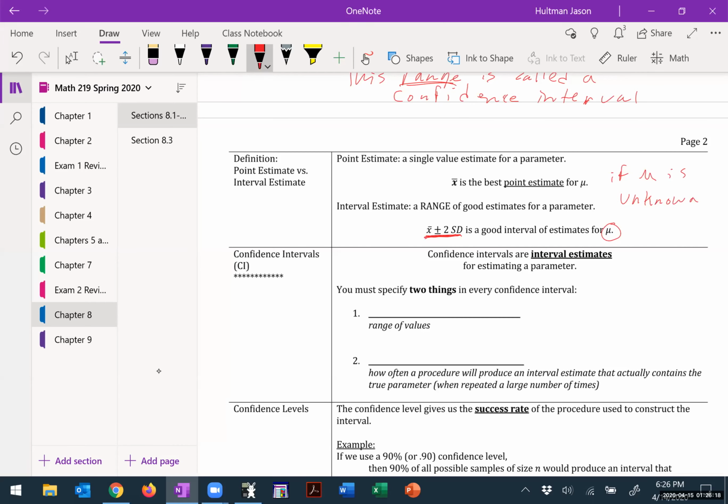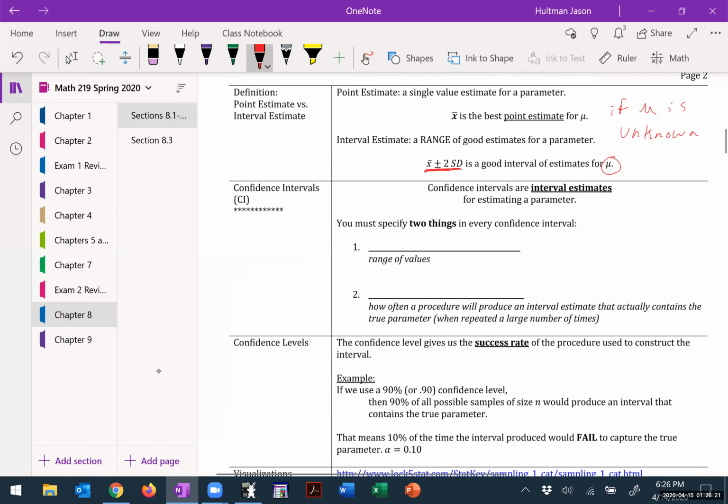Okay. You must specify 2 things in every confidence interval. You must get a range of values, what we call an interval estimate. Confidence intervals are interval estimates for estimating a parameter.